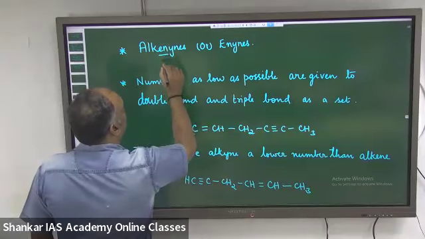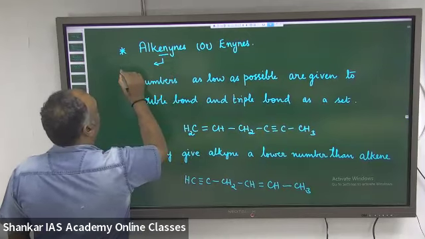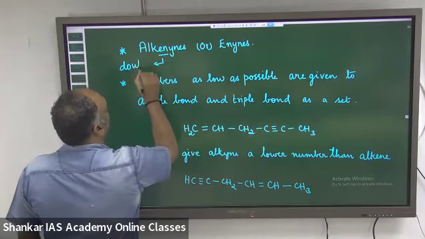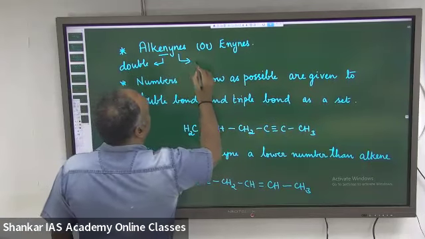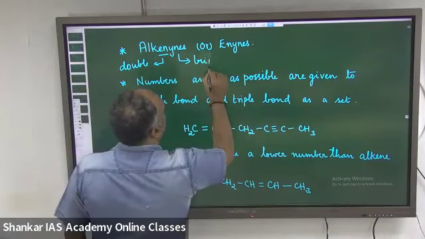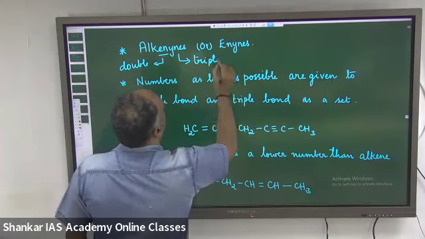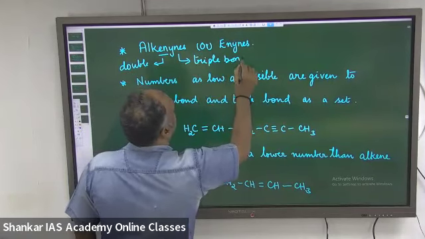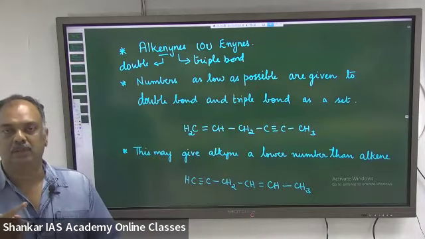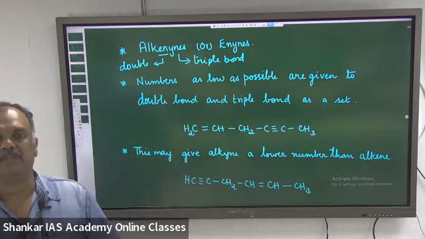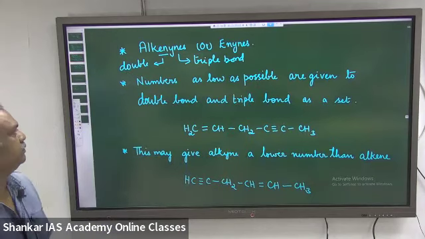The ene refers to the double bond, that is alkene. And the yne refers to the triple bond, that is the alkyne. That is why it is called enynes or alkenynes. So alkyne comes as the suffix.